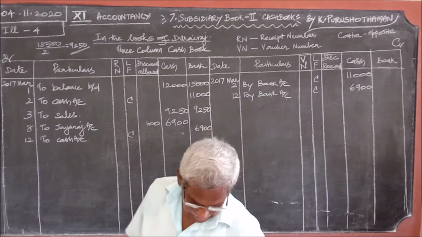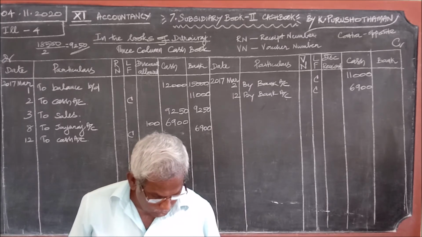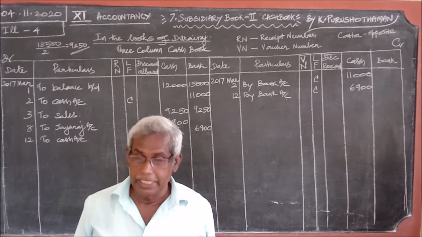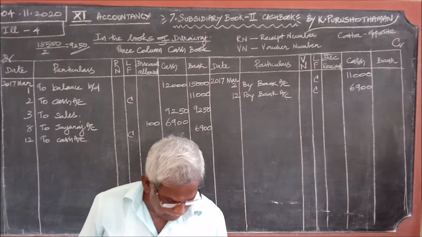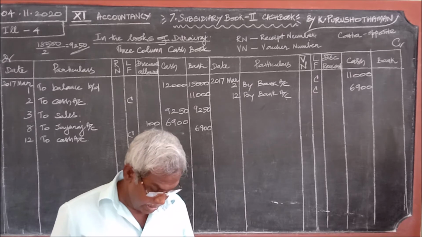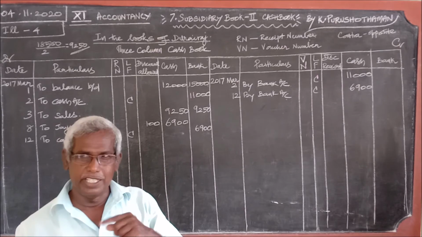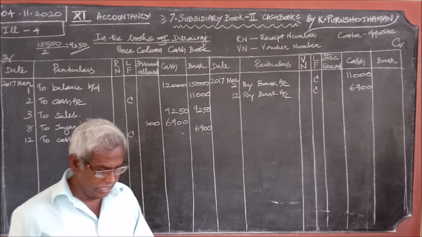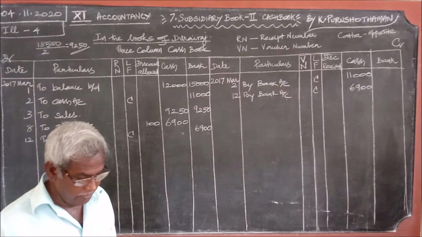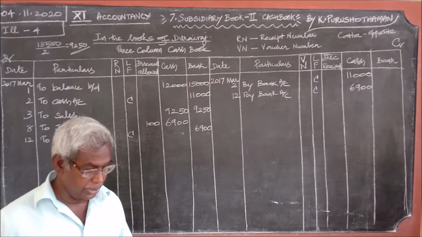Then, after 12th, on 14th, bought goods from Iqbal and issued a check to him immediately. If the same statement appears for single column and double column, we cannot pass any entry while a check is issued.